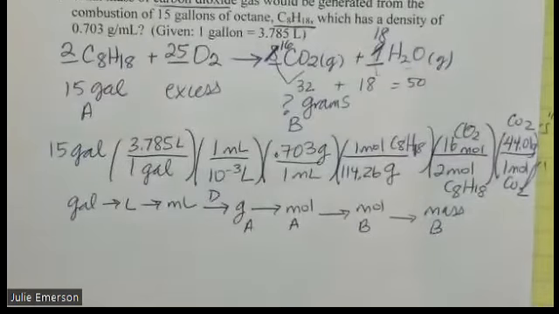Now the calculator, 15 gallons times 3.785 means I had about 57 liters. And then if I do the conversion to milliliters, I've got about 57,000 milliliters times 0.703 means I have about 40,000 grams.